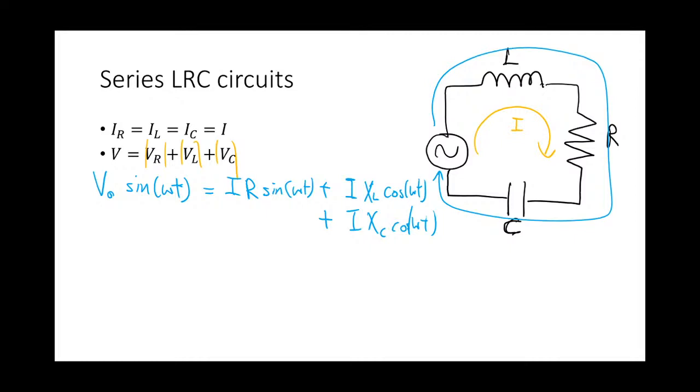So if we want to solve for the current of a certain size, we would have to add up a bunch of sines and cosines.